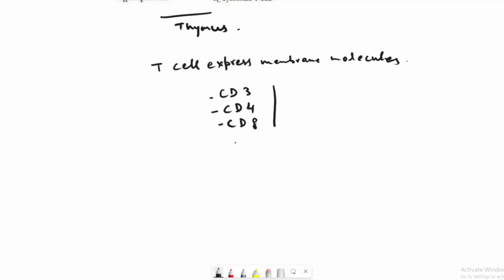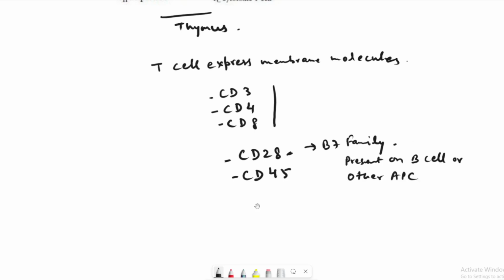In addition, most mature T cells express the following membrane molecules, CD28 and CD45. CD28 is a receptor for the co-stimulatory B7 family of molecules present on B cells and other antigen presenting cells. CD45 is a signal transduction molecule.